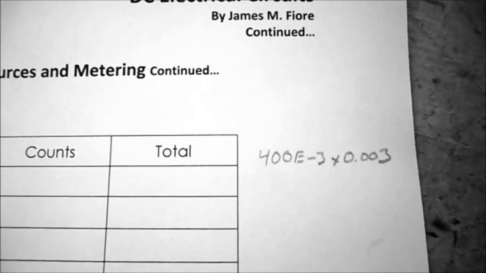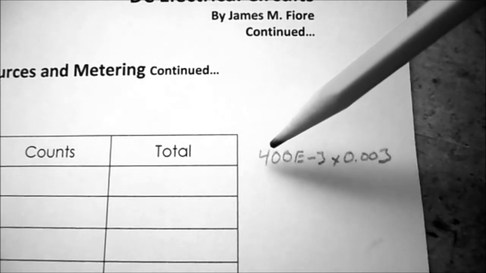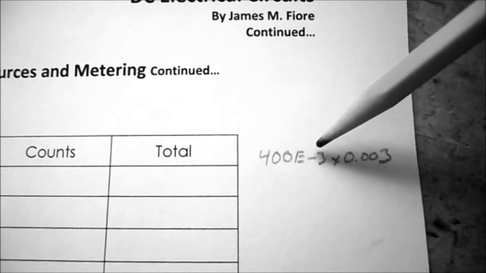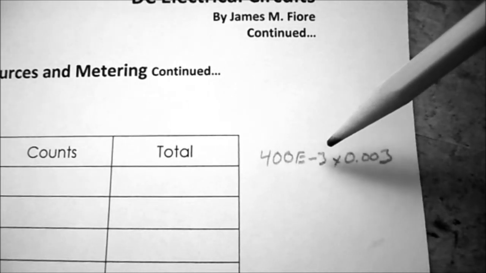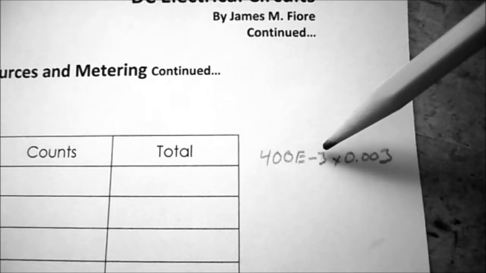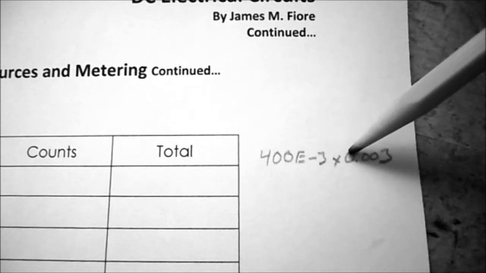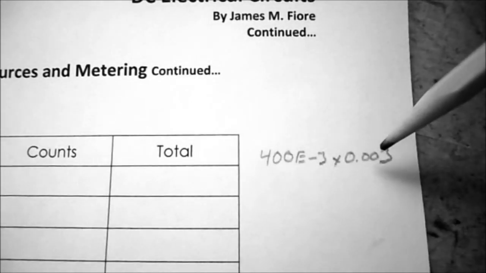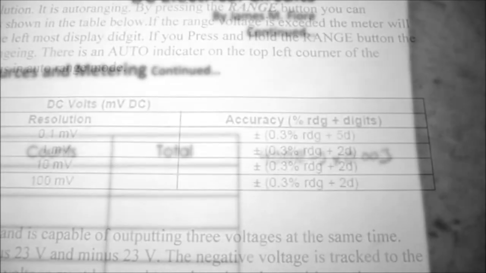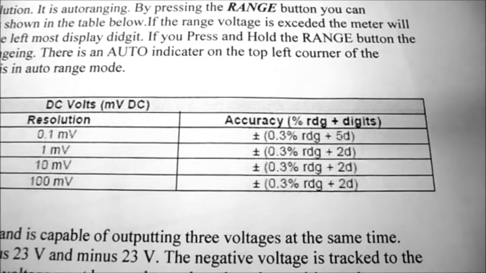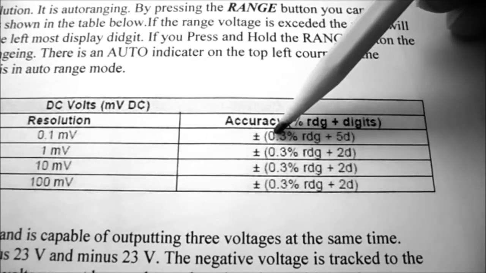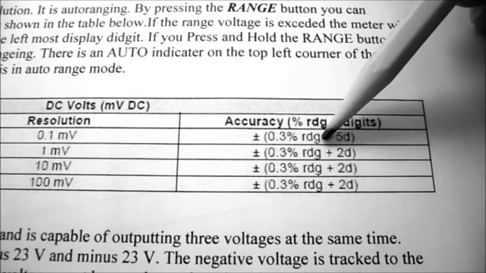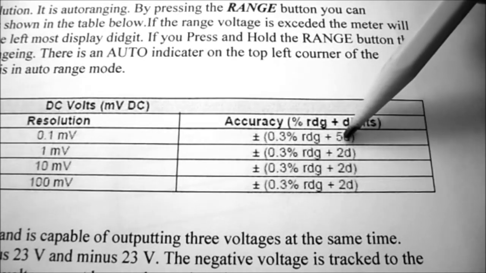To do that calculation on your calculator, you type in 400 to the exponent minus 3, that would be 400 millivolts times 0.003. That will give you 1.2 millivolts. So as you can see, we've done the 0.3%. Now we have to go plus 5 digits.